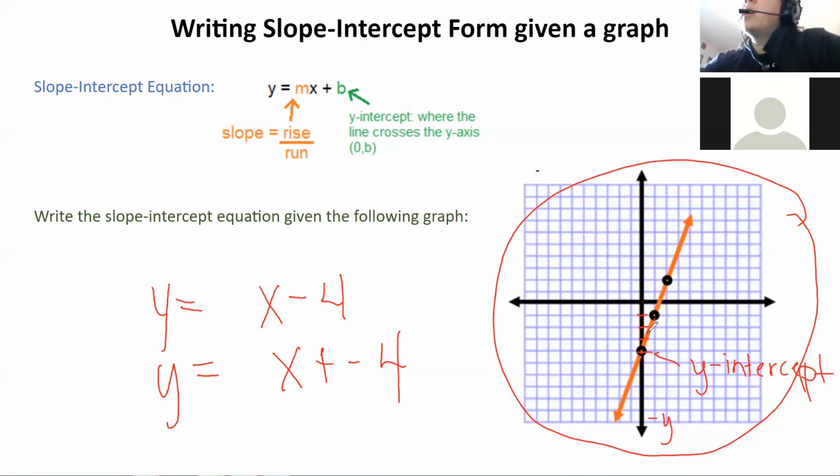How do I get from the y-intercept to the next point? How far up do I go? Yeah, and Malachi says 3/1, and let's check that.